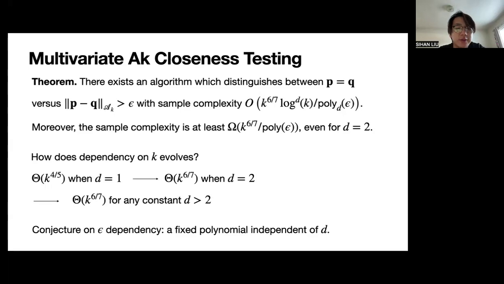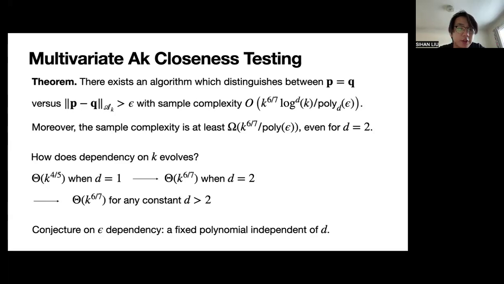While the above settles the dependency on k for constant epsilon and d, a complete characterization of the sample complexity in all relevant parameters remains open. For the log dk terms, we note that it has also appeared in the sample complexity of multivariate identity testing. So in that sense, this term should be expected.